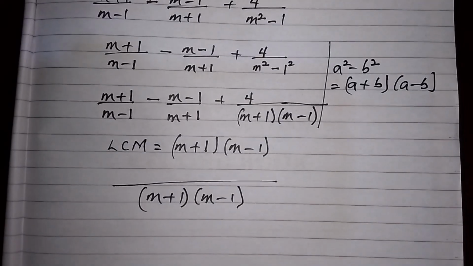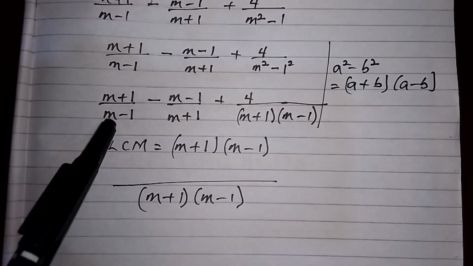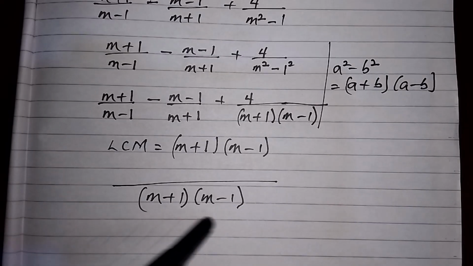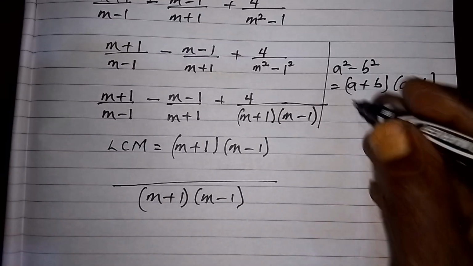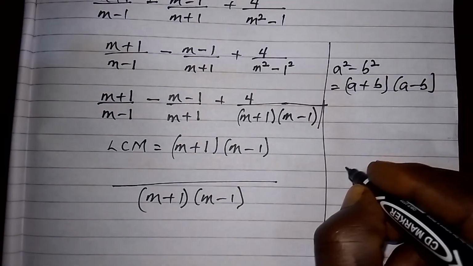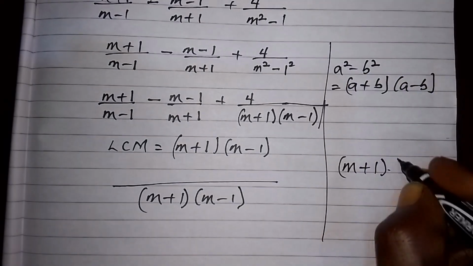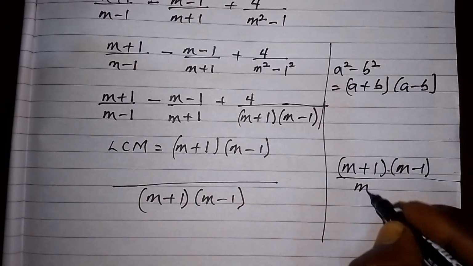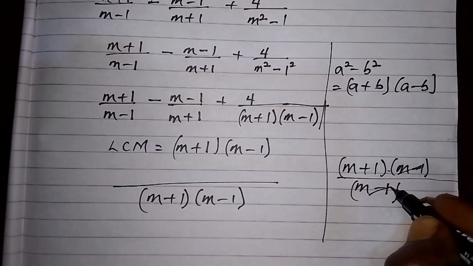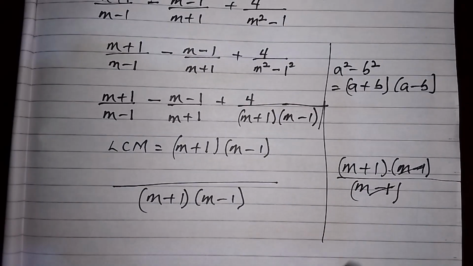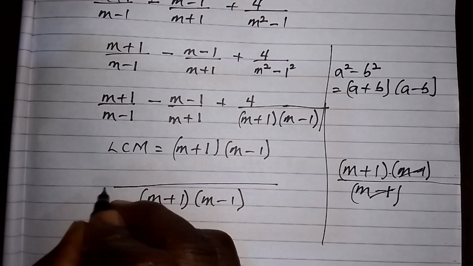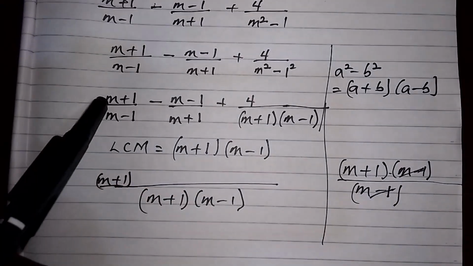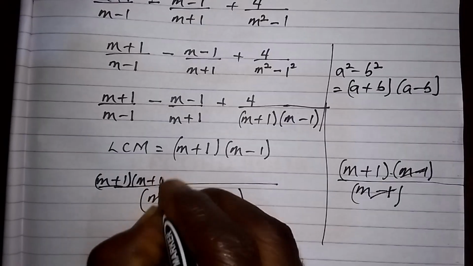Starting with the first part, which is (m plus 1) over (m minus 1). The denominator here, m minus 1, goes into the LCM m plus 1 times. How do we see that? The LCM (m plus 1)(m minus 1), divided by the denominator m minus 1, this cancels this, leaving m plus 1. So m plus 1 multiplies the numerator, also m plus 1.